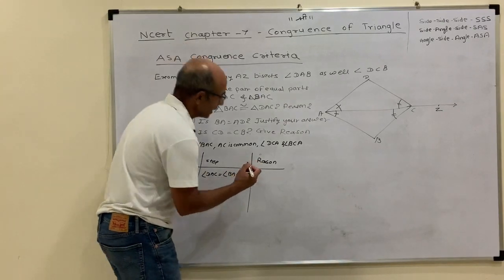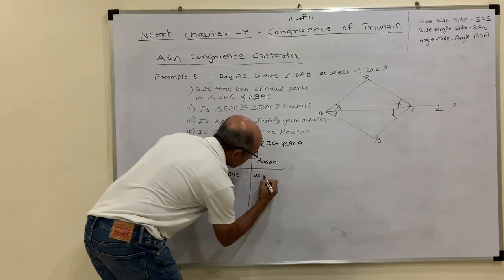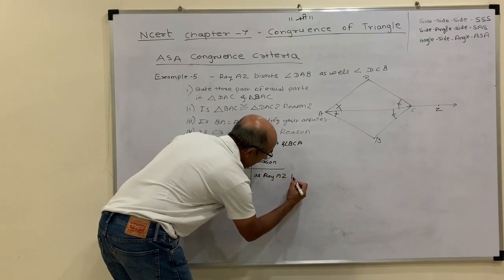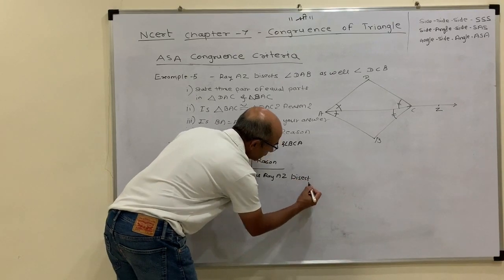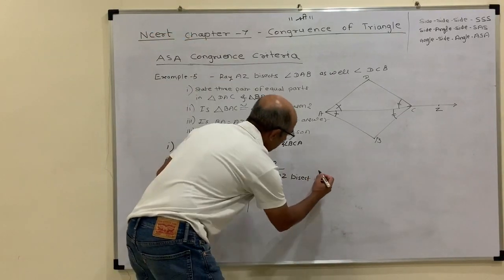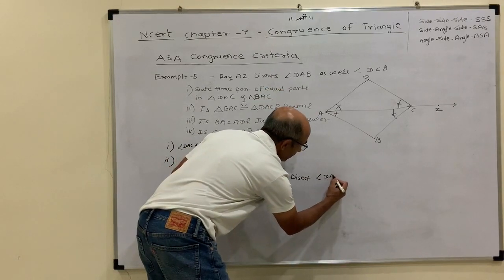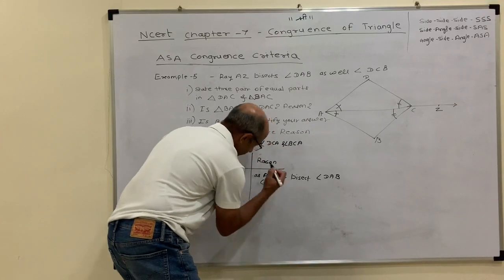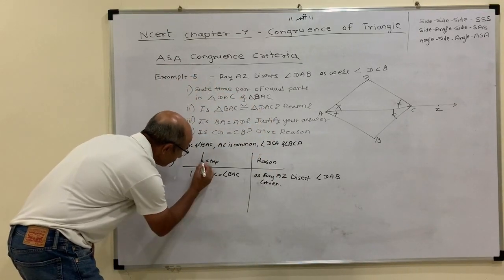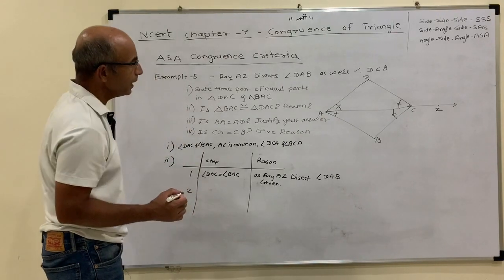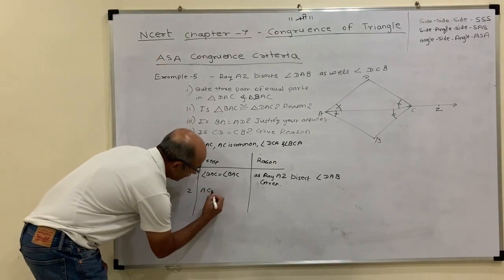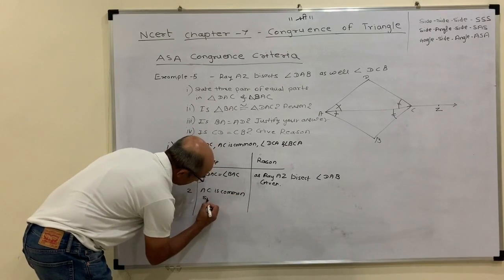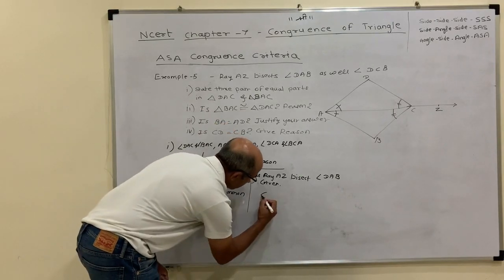Because ray AZ bisects angle DAB, and which is given. Secondly, step 2: AC is common side. It's given.